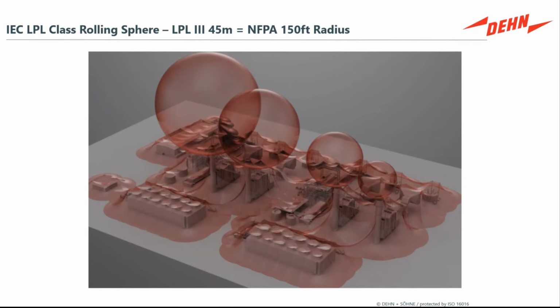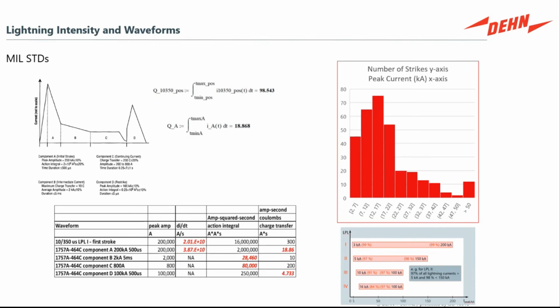And this is a nice slide that describes the lightning waveform. In the IEC methods, we use a 10 by 350 definition for lightning. That is, it rises to its peak in 10 microseconds and decays to 50%, a half value, over 350 microseconds. It's a long decay time, but still very short. These are microsecond waveforms.